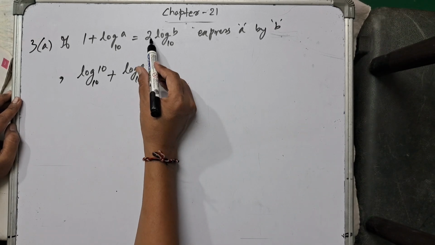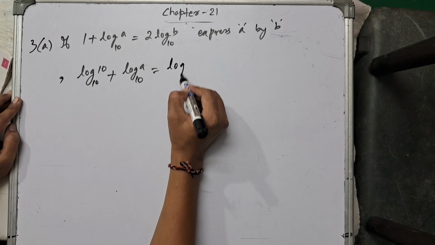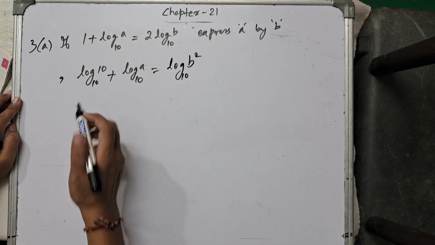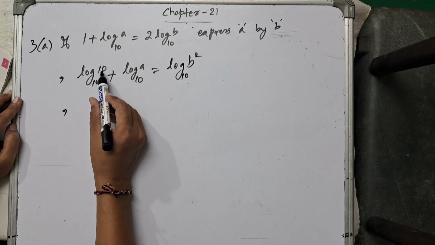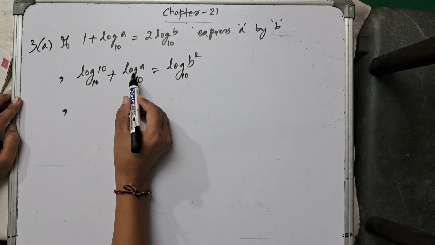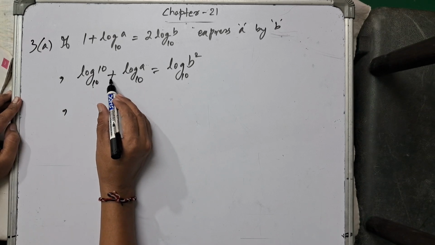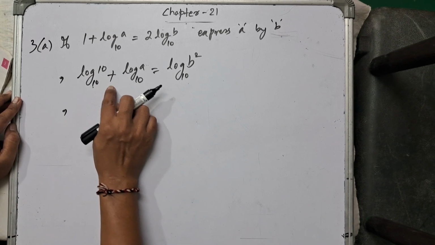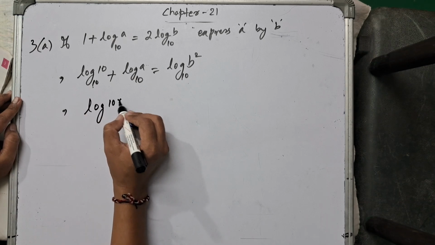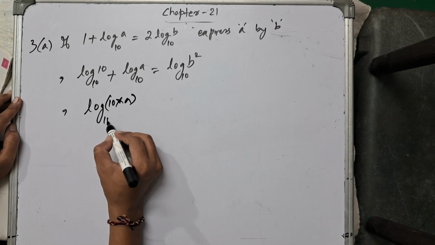Now we have 2 log b, isn't it? So this can be written as log b square to the base 10. Now log 10 to the base 10 plus log a to the base 10. Both of these logarithms have the same base 10, and there is a plus sign in between, so we write log 10 into a to the base 10.